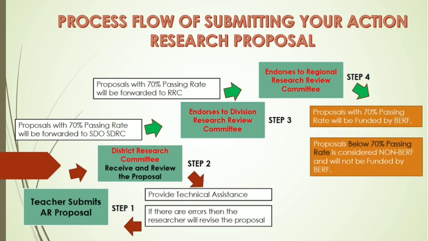And right after the district committee grades the action research proposal, if the proposal reaches the 70% passing score, it will be forwarded to the schools division office, the schools division research committee. All proposals with a 70% and above passing rate will be forwarded to the schools division research committee.